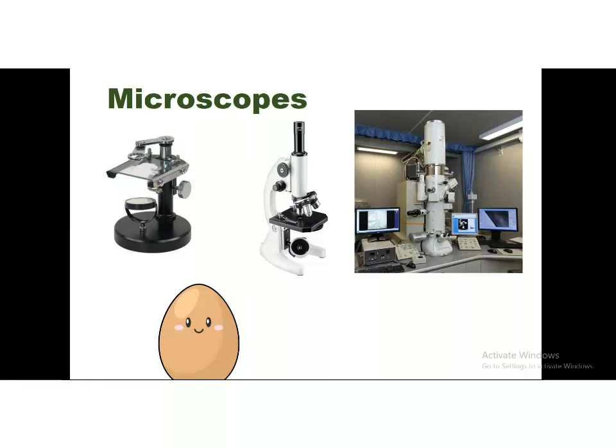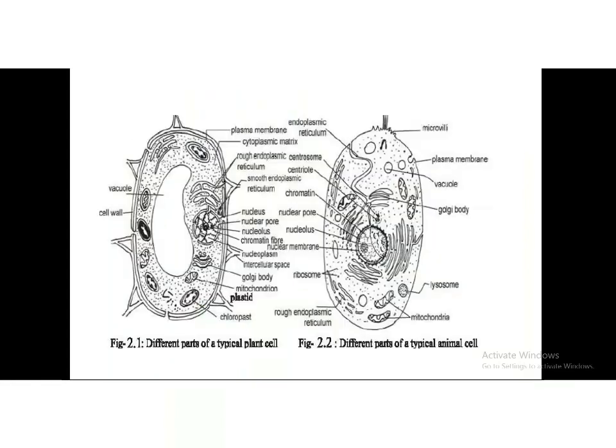A cell consists of different parts. Here we see this one is the plant cell, and this one is an animal cell. This is a typical plant cell, and this is a typical animal cell. A cell consists of different parts which have different functions.